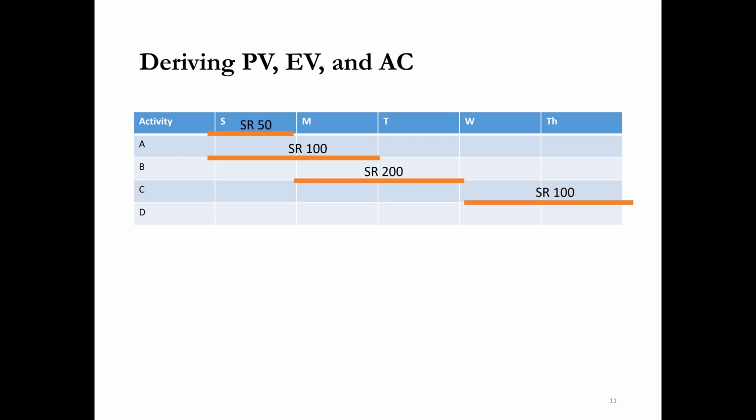Activity B is spread over 2 days, Sunday and Monday, and its cost is Saudi Riyal 100. Activity C is for 2 days, Monday and Tuesday, and its cost is Saudi Riyal 200. Activity D is for 2 days, Wednesday and Thursday, and its cost is 100 Riyal. So this is our PV.